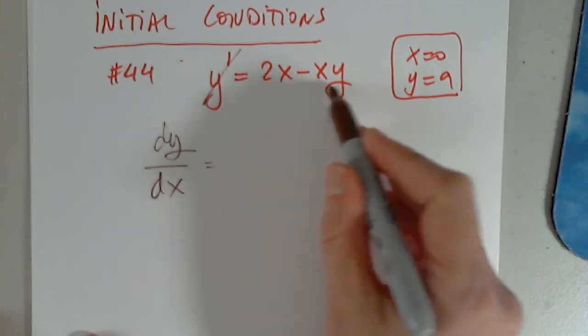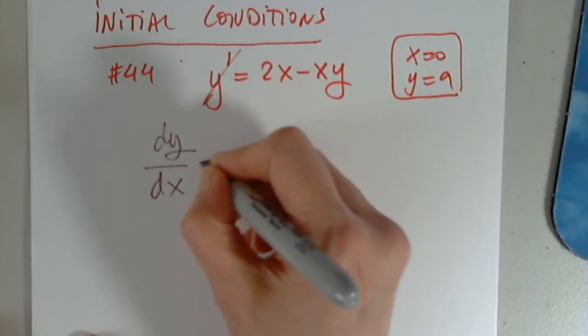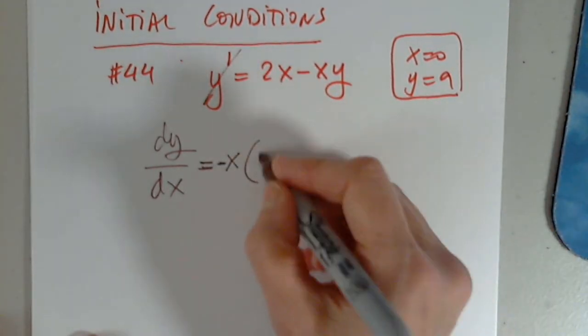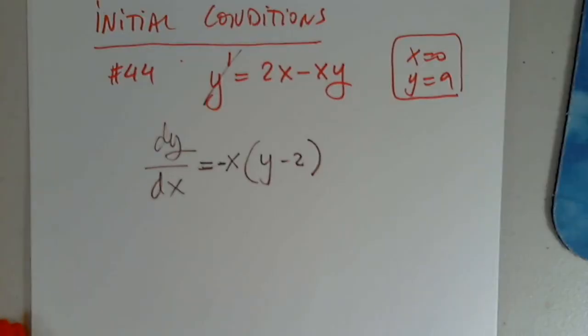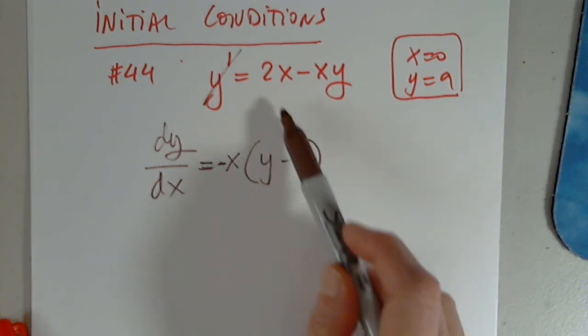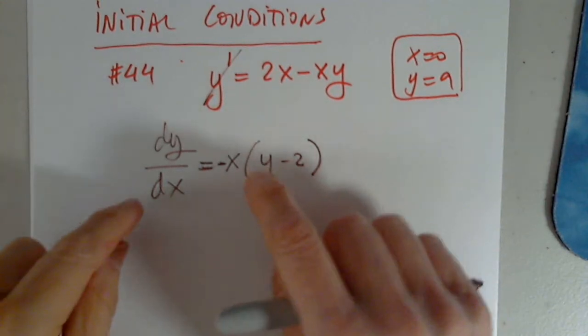Now I see that these two terms have x in common, or maybe even negative x in common. And then when I factor, I get y minus 2. So I factored out negative x. Negative x times y is negative xy. Negative x times negative 2 is 2x. They're still not separated, but I'm going to do this.